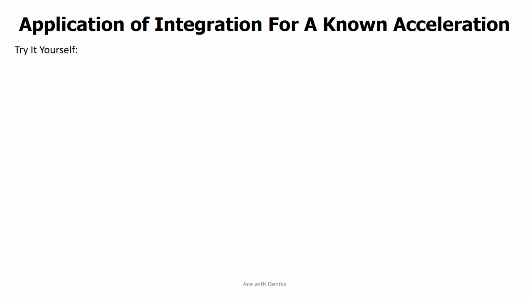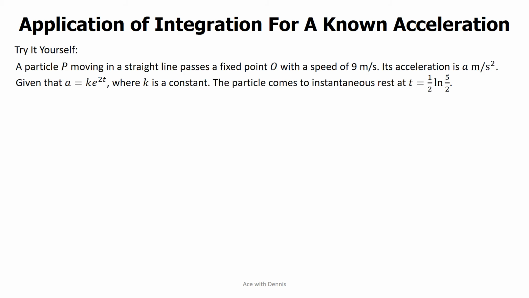Now you can try this example yourself. A particle P moving in a straight line passes a fixed point O with a speed of 9 meters per second. Its acceleration is a meters per second squared. Given that a equals k e to the power of 2t, where k is a constant, the particle comes to instantaneous rest at t equals half ln(5/2). 1.